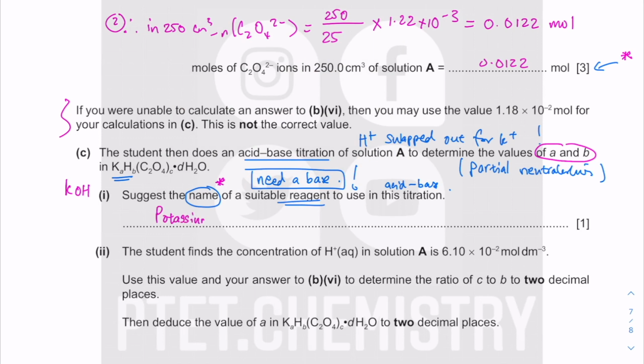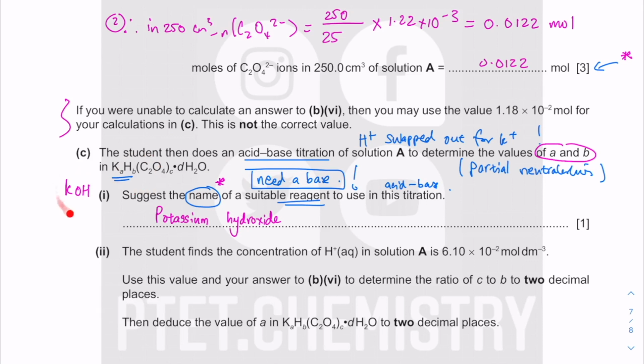So I would imagine that you would need something like potassium hydroxide, where you could go from this partially neutralized acid salt. So it still has some of the acid, it has some of the salt, and they will go on and form the complete salt.